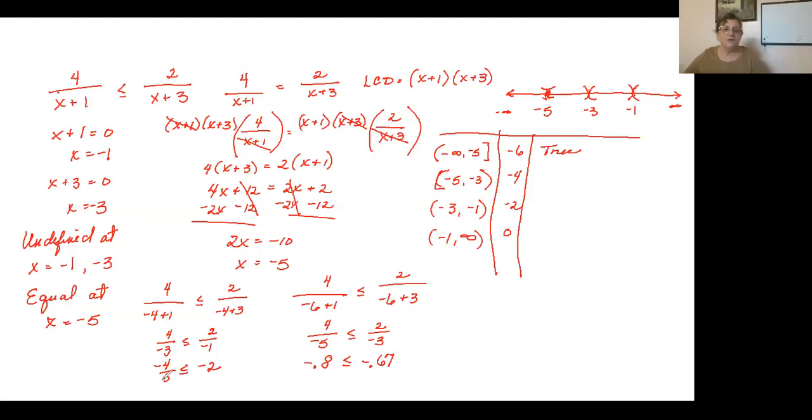Negative 2 is farther to the left than negative 1 1/3. So this one is false. So I'm pretty sure it's going to switch back and forth, but let's double check. Negative 2. 4 over negative 2 plus 1 is less than or equal to 2 over negative 2 plus 3. This is going to be 4 over negative 1, which is negative 4. It's less than or equal to 2 over 1, which is 2. Definitely true.